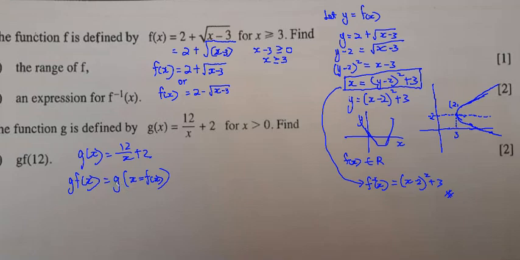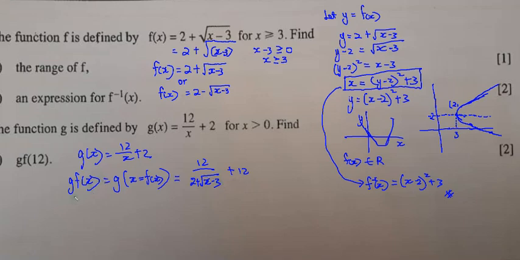I mean, we're going to replace the x of the g function with f(x). So this becomes, where is the g function? The g function is this, so 12, this is x. We're going to replace it with f(x), plus 2. What is your f(x)? It is 2 plus square root x minus 3.